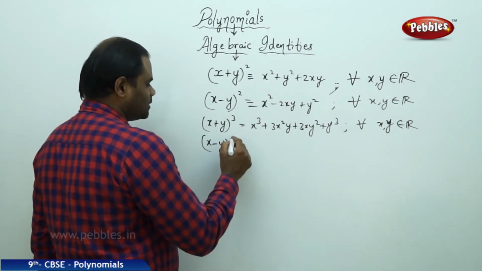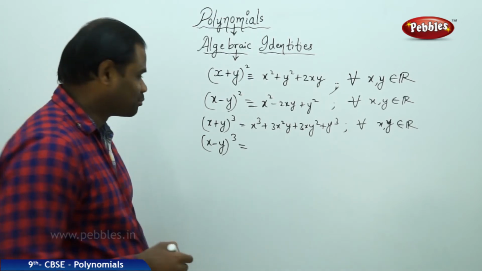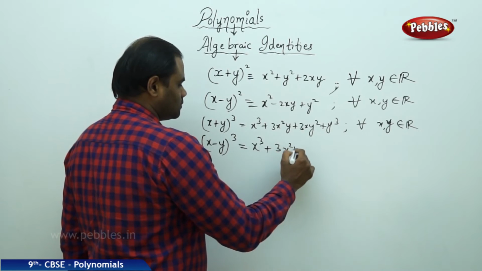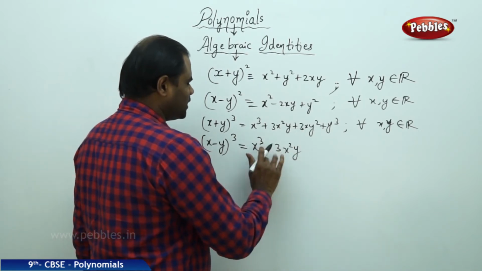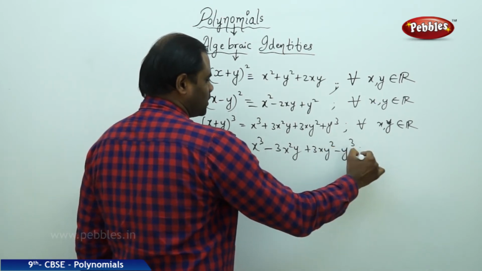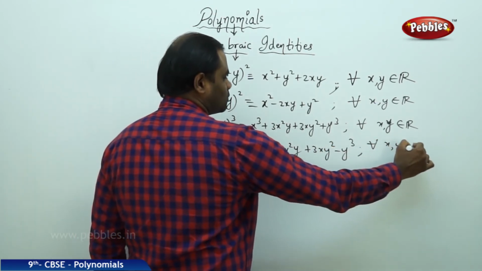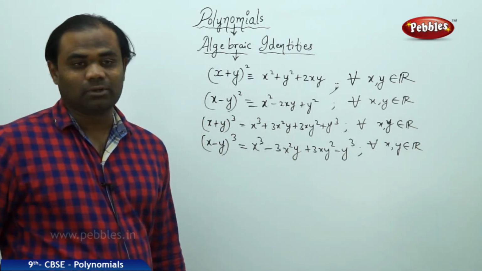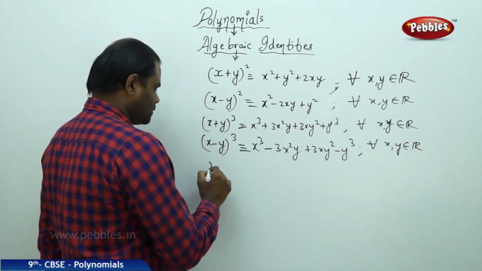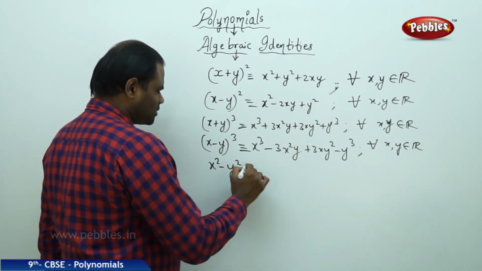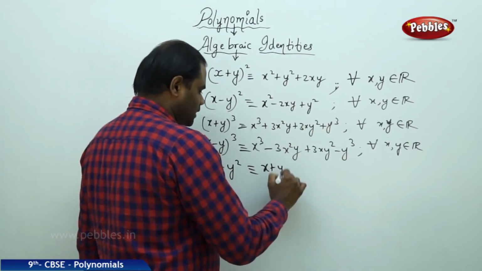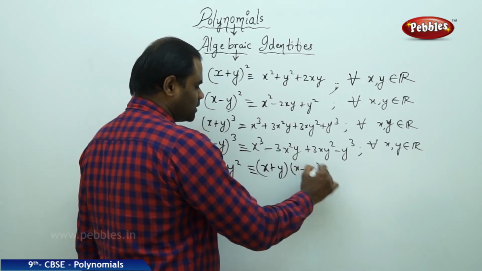This is true for all x and y belonging to real numbers. Next, x minus y whole cube, which is x cube minus 3x square y plus 3xy square minus y cube, which is true for all x and y belonging to R. Next, x square minus y square is said to be identically equal to x plus y into x minus y.